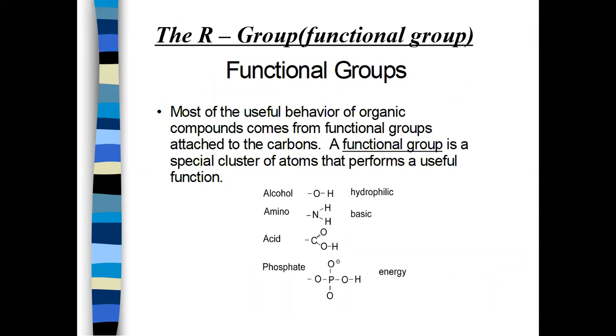Most of the useful behavior of organic compounds comes from the functional groups attached to the carbon. A functional group is a special cluster of atoms that performs a useful function. For example, OH is an alcoholic functional group. If OH is attached in place of R, the amino acid will be hydrophilic, meaning it will be a water lover, and it will dissolve in water.